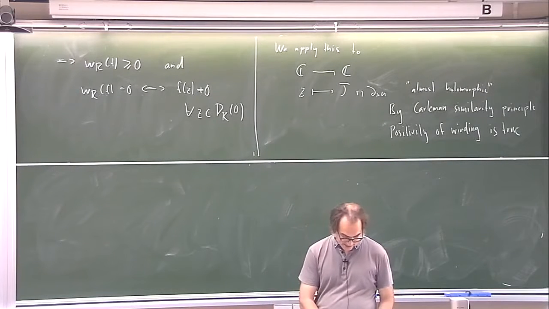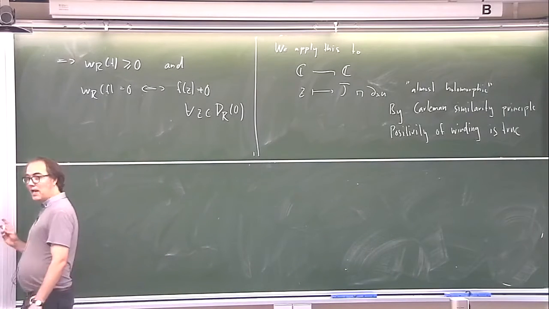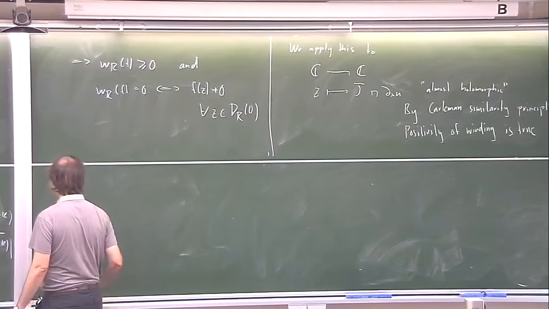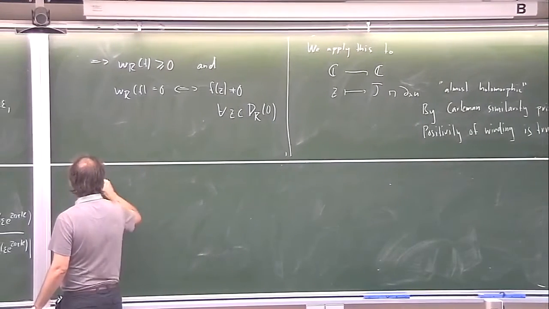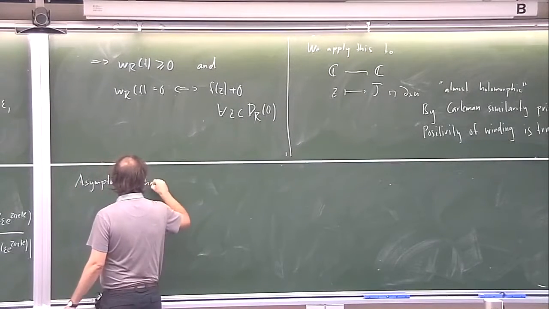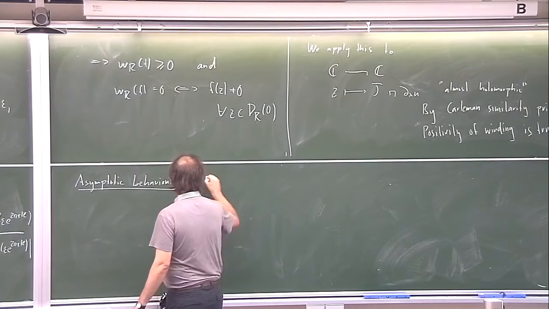Then there is a second ingredient, which is the asymptotic behavior of a finite energy plane.